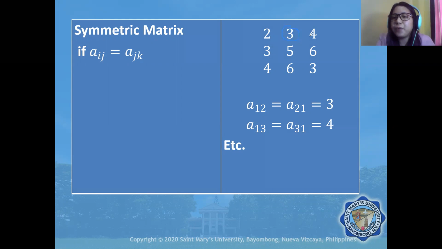And then, if we look at the value of row number 2, column number 1, it is also equal to 3. While if we consider a sub 1,3, that is row 1, column 3, it is 4, and a sub 3,1 is also equal to 4. So it is a symmetric matrix.